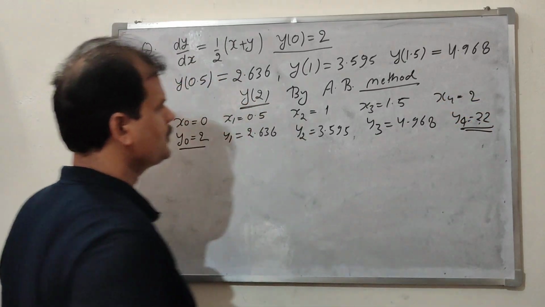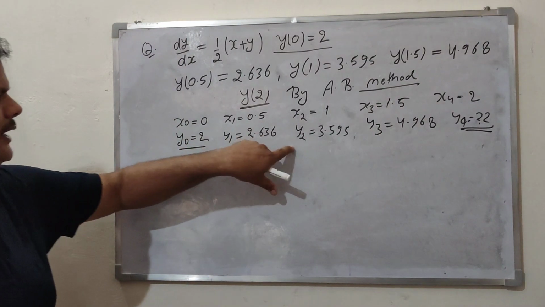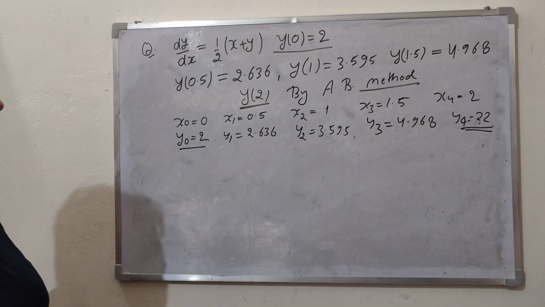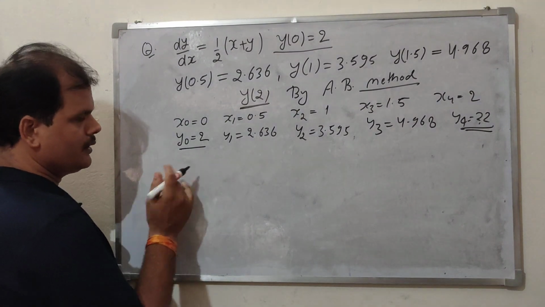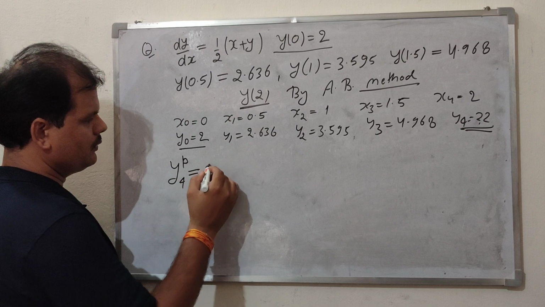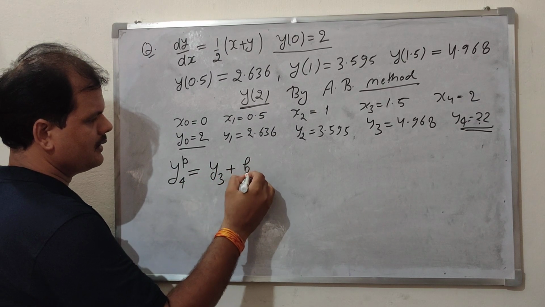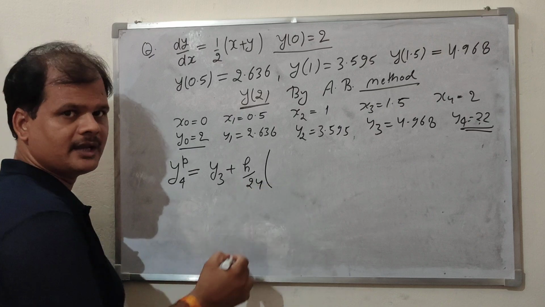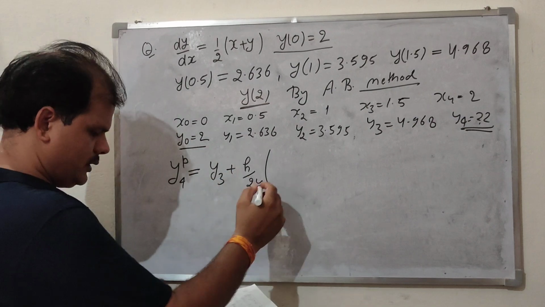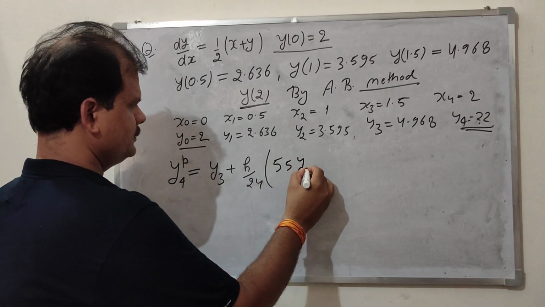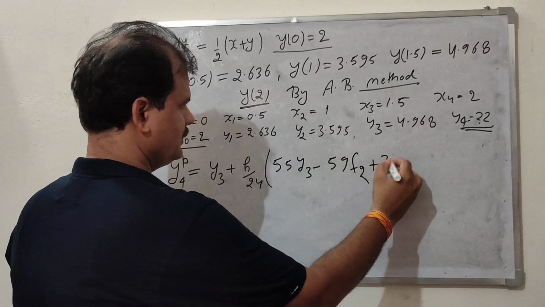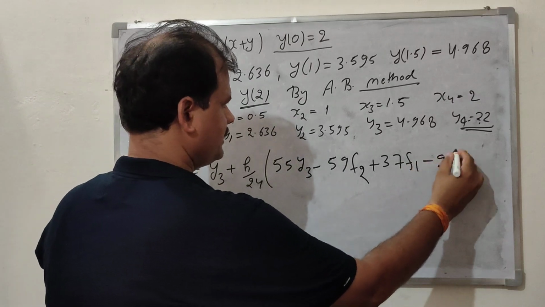Here y1, y2, y3 are already given, so no need for another formula; directly we can apply the predictor formula. y4 predictor equal to y3 plus h by 24 into 55 f3 minus 59 f2 plus 37 f1 minus 9 f0.